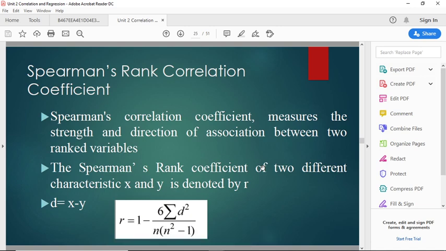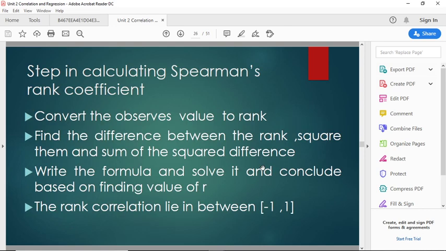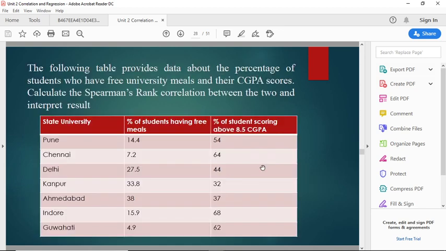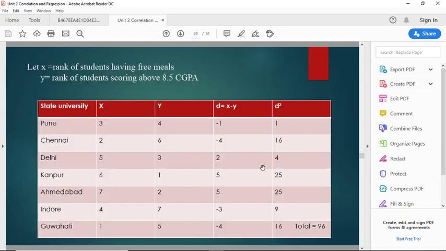In the last lecture we discussed that if we need to measure the strength and direction of association between two rank data, we can apply this method, and that is the rule for evaluation of rank correlation.